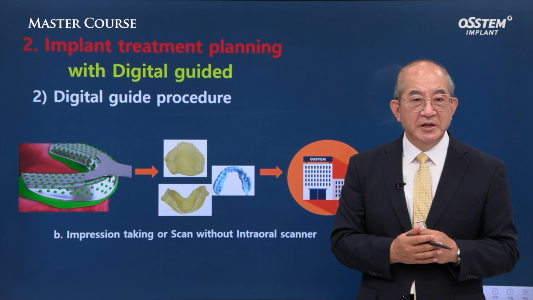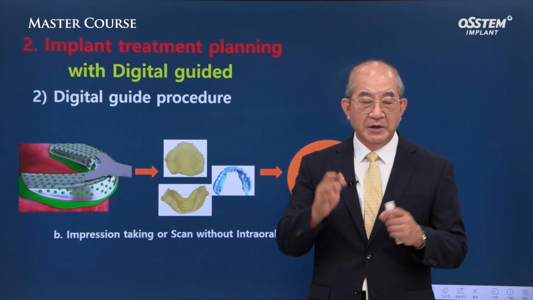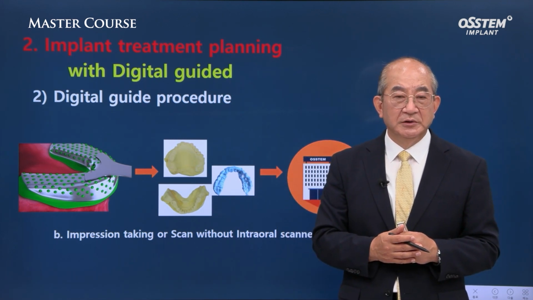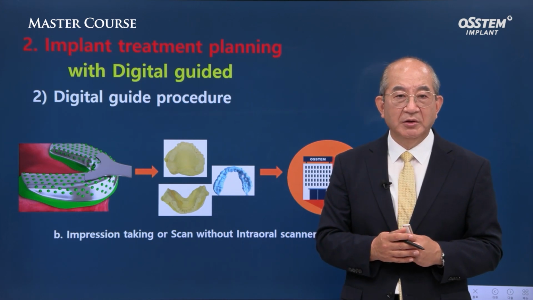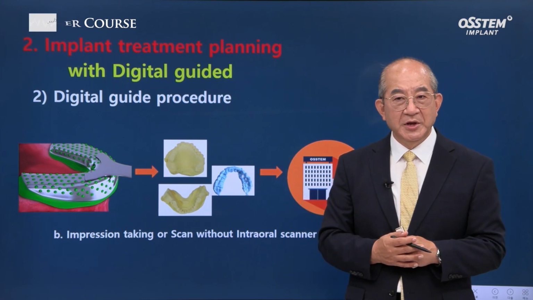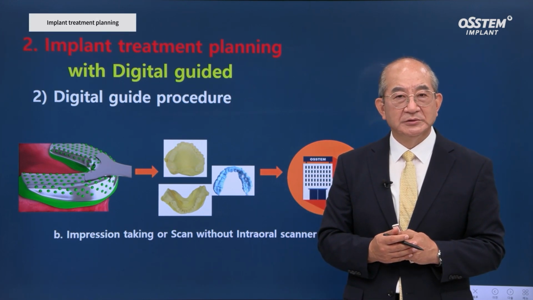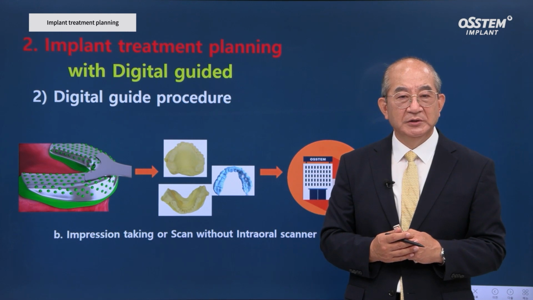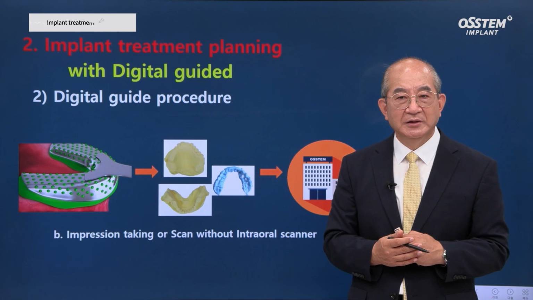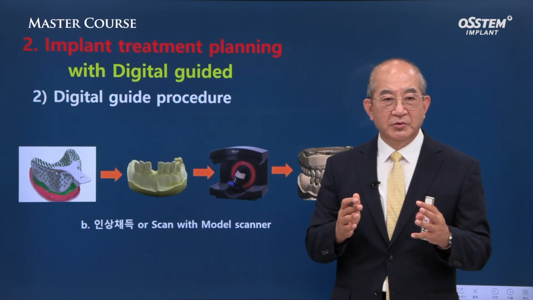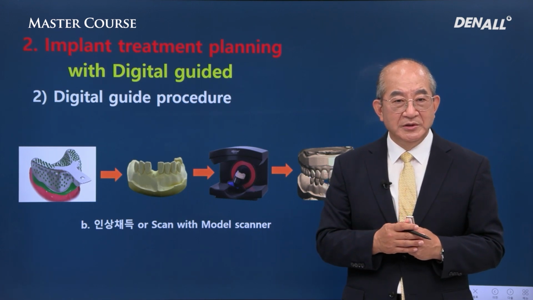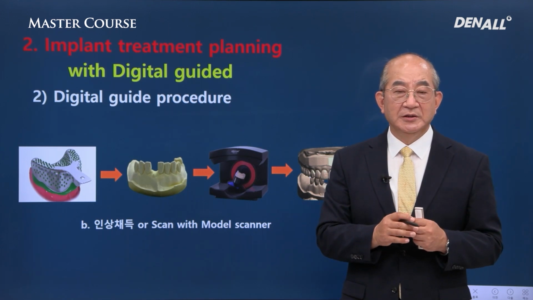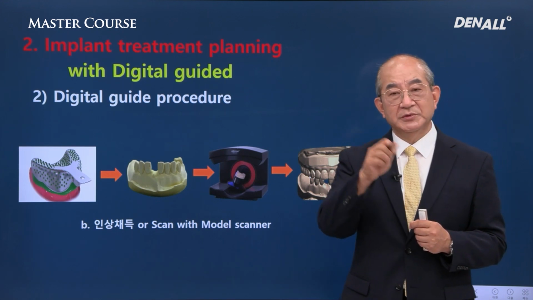If you do not have an intraoral scanner, basically you need to take an impression of the upper and the lower and take bite registration and send it to Austin Research Center. Then you can get the data that is necessary to make the surgical guide for implant placement. If you have an intraoral scanner in your dental clinic, you can just scan it yourself and send over the data. But if you do not have an intraoral scanner, you can take a model and send that to the lab or Austin Research Center.